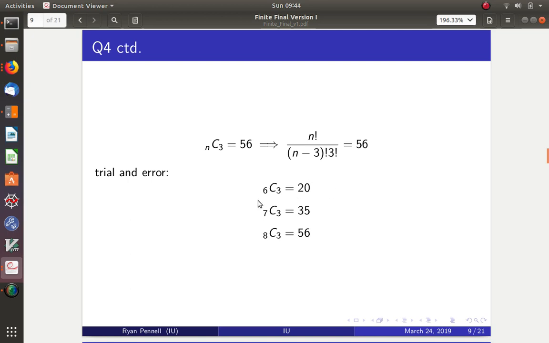Okay, well that wasn't enough. Let's go up one. 7 choose 3 is 35. That's not quite enough. 8 choose 3 is 56, and there it is. Okay, so n has to be 8 for this to work. My guess is if they ever were to repeat this question, they will still keep n to be less than 10, since you are going to have to do this by hand.